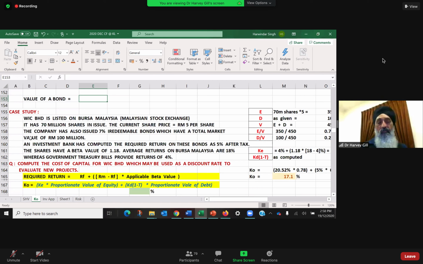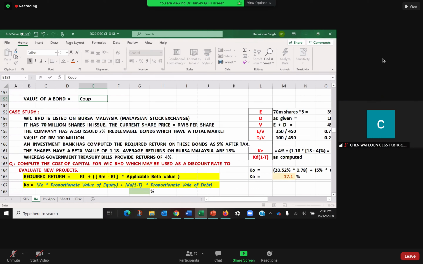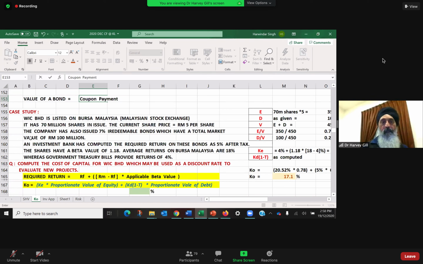Value of a bond normally is the coupon payment of interest divided by the required interest yield, which means your KD before your tax saving.